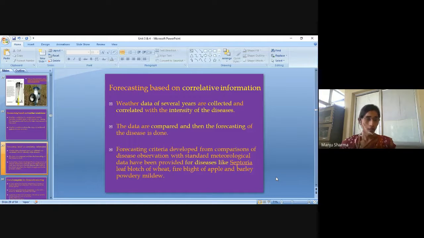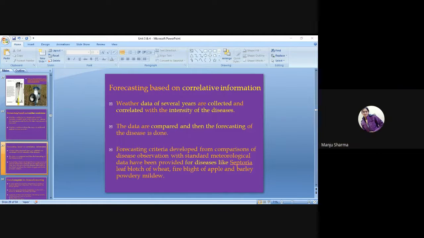Forecasting criteria developed from comparison of disease observation with standard meteorological data have been provided for diseases like septoria leaf blotch of wheat, fire blight of apple and barley, and powdery mildew.